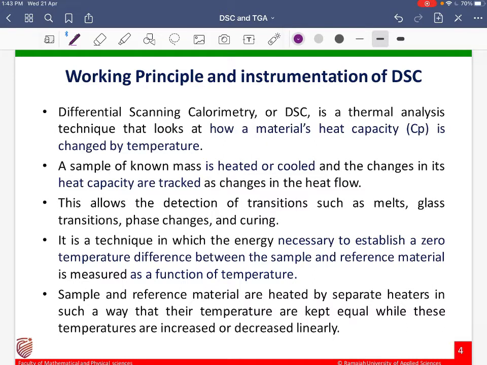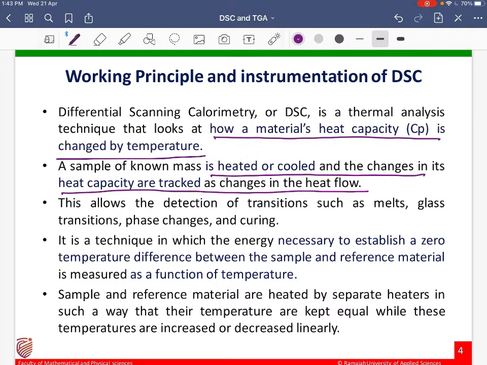DSC is a thermal analysis technique that looks at how a material's heat capacity is changed by temperature. So when we change the temperature, we are checking whether the material's heat capacity is being affected or not. For example, a sample of known mass is heated or cooled and the changes in the heat capacity are tracked as changes in heat flow. We take a known amount of sample in the DSC and either increase or decrease the temperature, and see whether there is any change in the heat capacity.